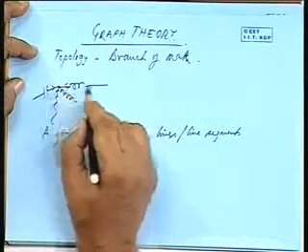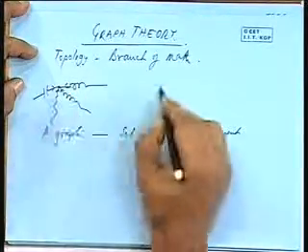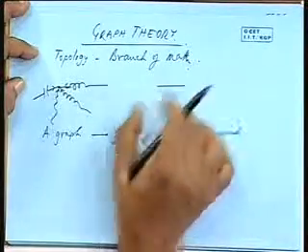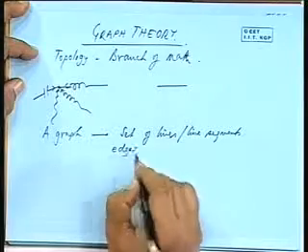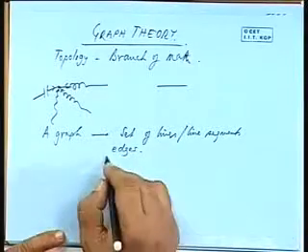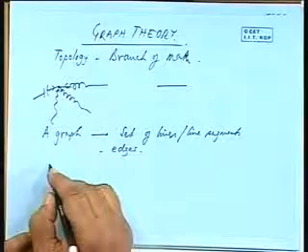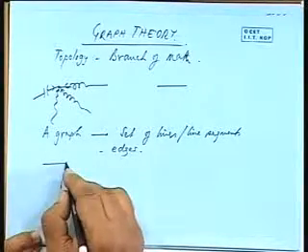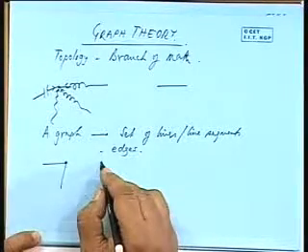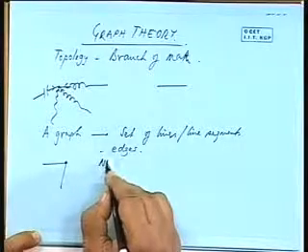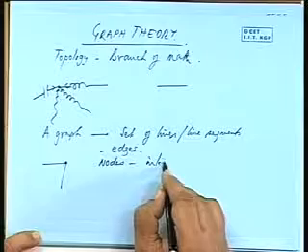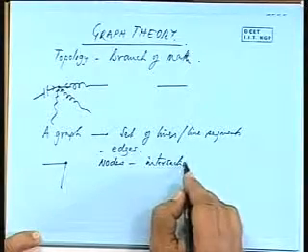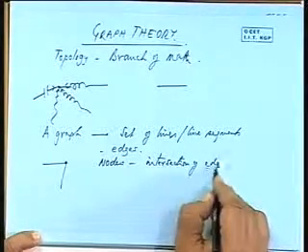So each element in a network will be represented by a line or an element. Okay, these are called edges. Then intersection of edges will be known as nodes or vertices.